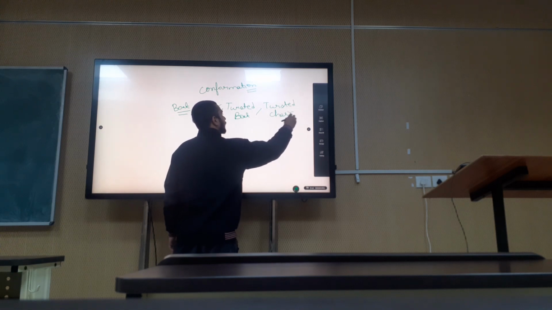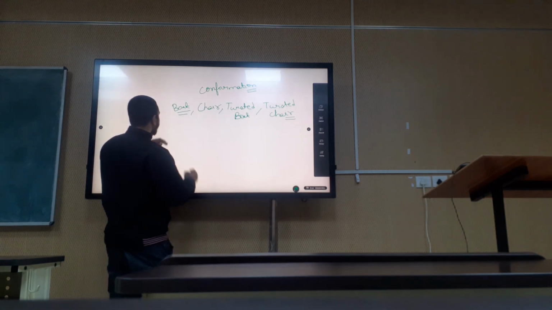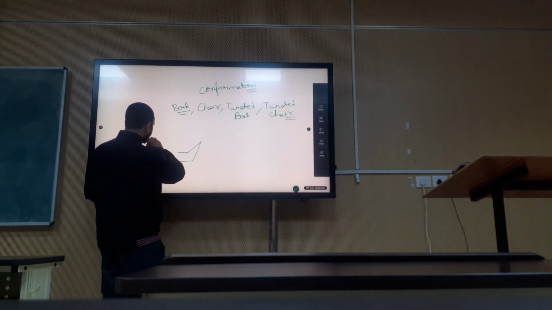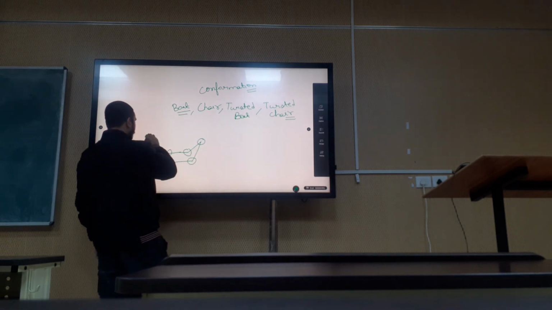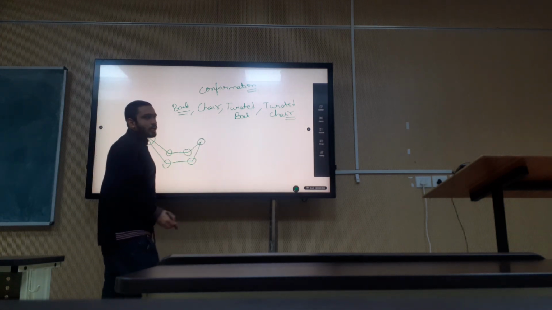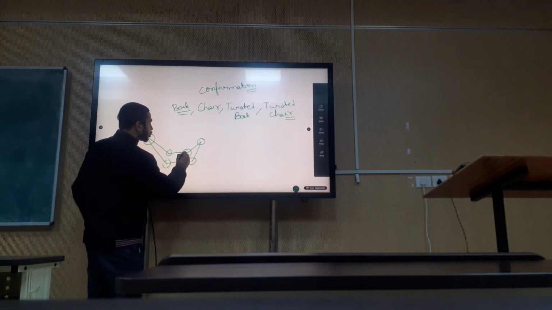So there are various types of conformations depending on the bond angle. Suppose this is the shape of the boat and these are the elements of a particular compound. Like this, the boat, chair and various types of conformation are defined so that these bond angles should be perfect.